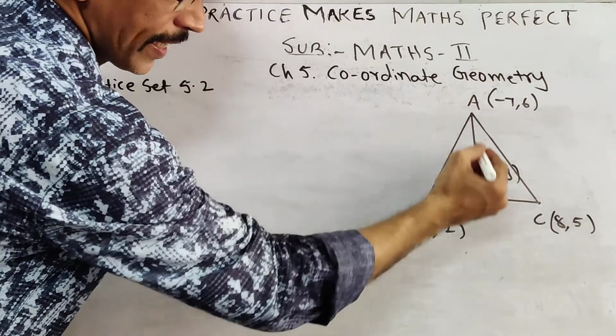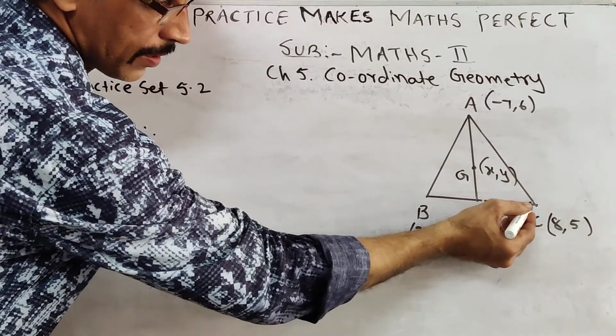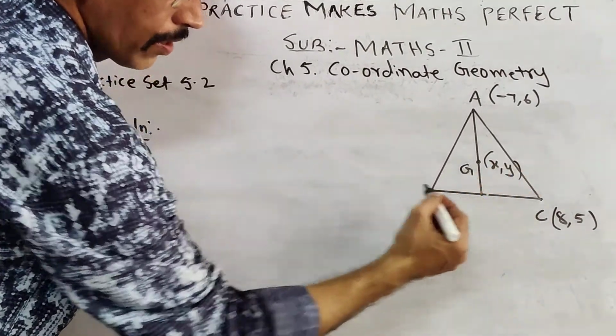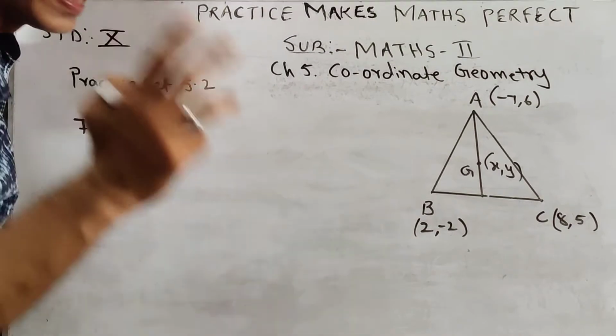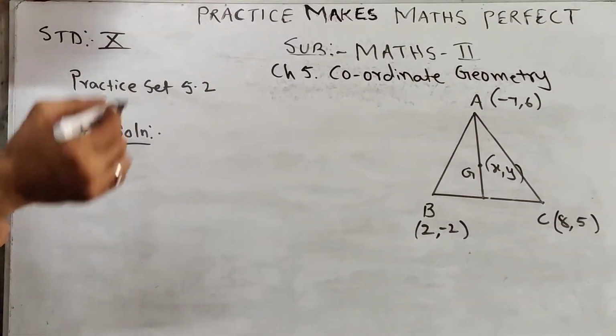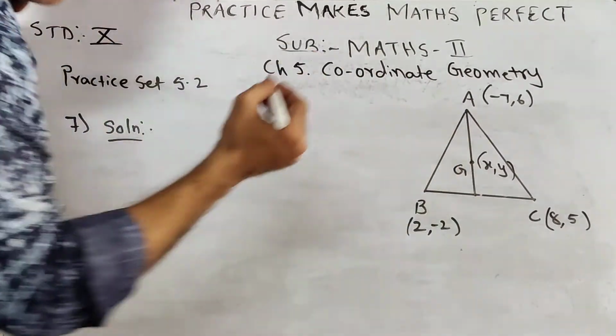This is one median, the second median is from this vertex, and the third median is from this vertex. That centroid we have to find out.